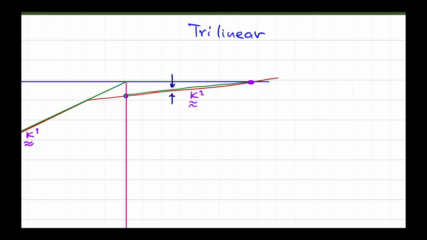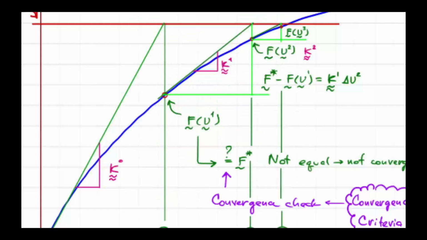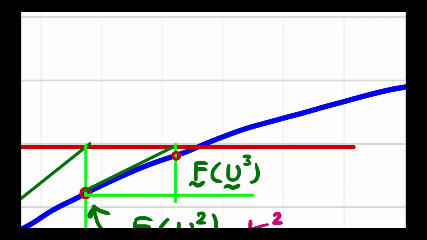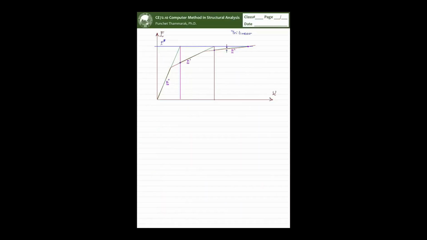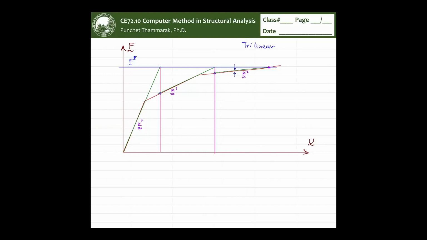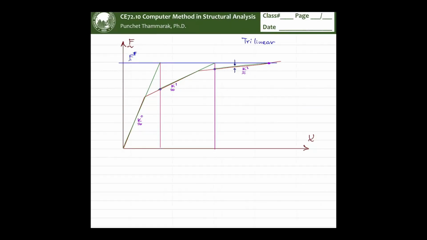But if it is a curve like that, if you keep zooming in, use an electron microscope to zoom in on this region, you still find the error. But it is so small and we just accept it. But unlike the multilinear relationship, you will just hit the solution without any further residual.